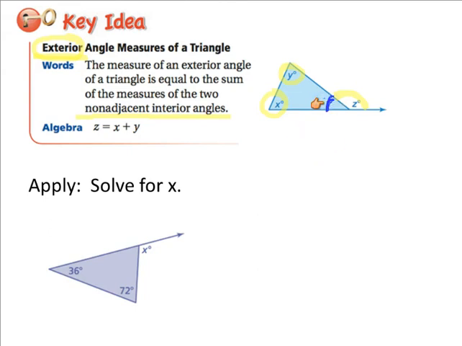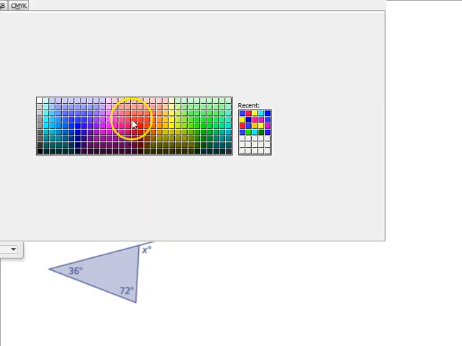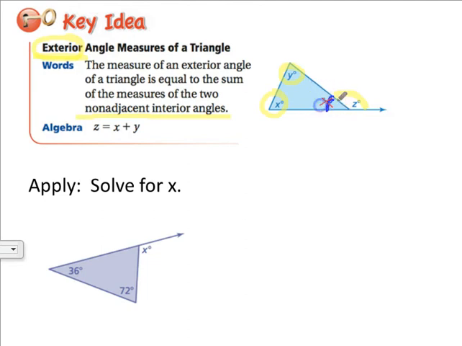Now we're not going to use that because we want to find the sum of two non-adjacent angles. So we want to use the two interior angles that are non-adjacent to that exterior angle. So when we add the two interior that are non-adjacent, we're going to get that measurement of the exterior angle.